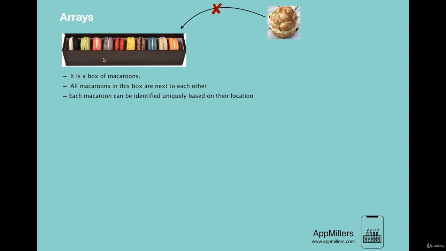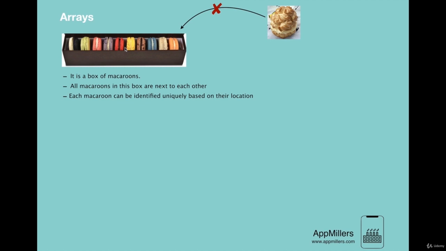So let's say if we want to take this macaron over here, the location of this macaron is 1, 2, 3. So this is a unique location. Then if we want to take this macaron from here, the location of this macaron will be 4. As you see, each of these macarons has its own location, which is unique.